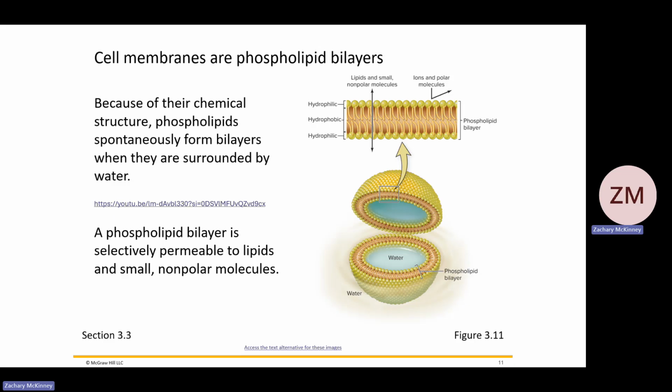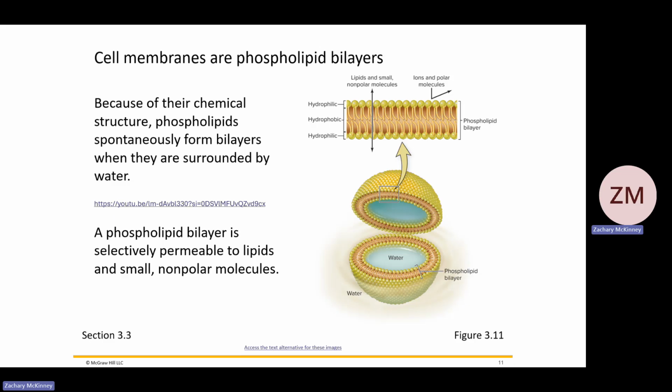But things that have charges, like your ions, polar molecules, things that are typically large water-soluble proteins, aren't going to be able to just diffuse through the cell membrane easily. They need to be small, non-polar, lipid-soluble molecules that can easily diffuse in.